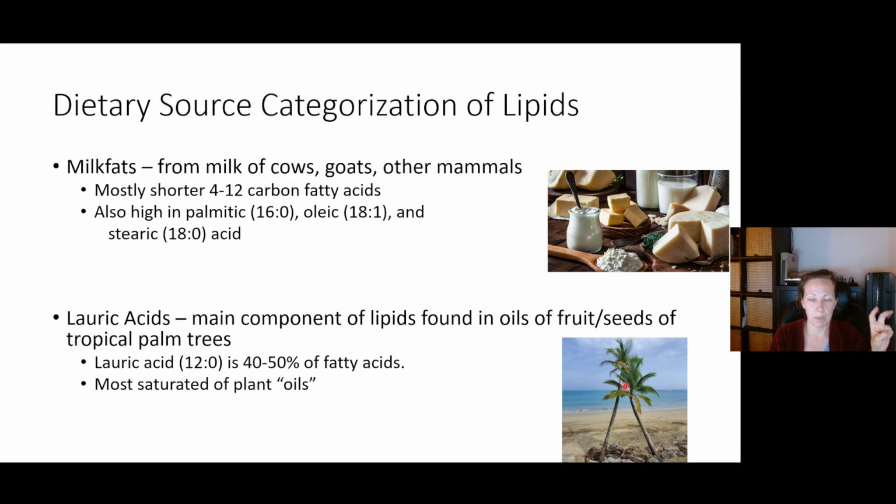Remember that naming versus classification, right? They're called coconut oil or palm oil, but they are pretty saturated and solid at room temperature. They're named for lauric acid, which is a 12 carbon saturated fatty acid, and that composes 40 to 50% of the total fatty acid profile of the lipids from these sources.